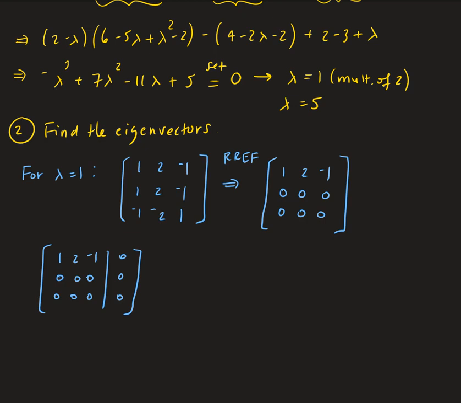So we're going to let x3 be equal to, let's say, t, and x2 is going to be equal to, let's say, s. So t is a real value, and so is s.